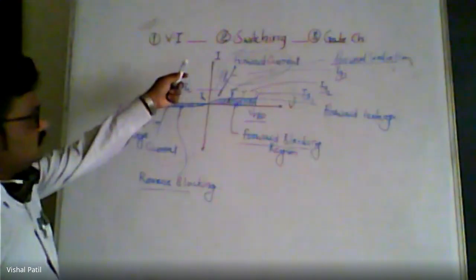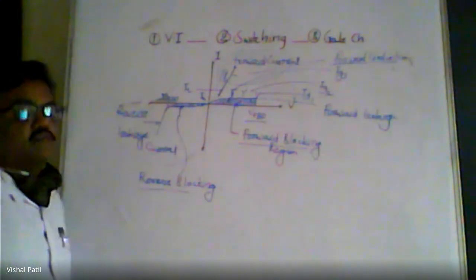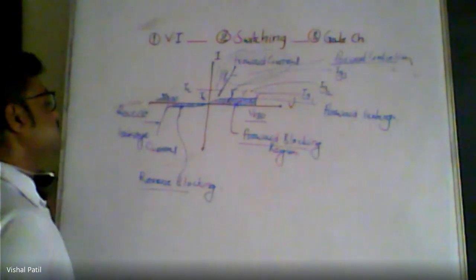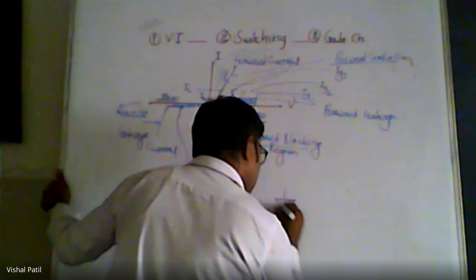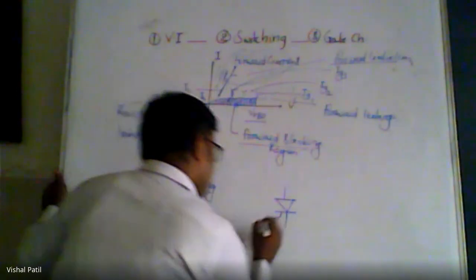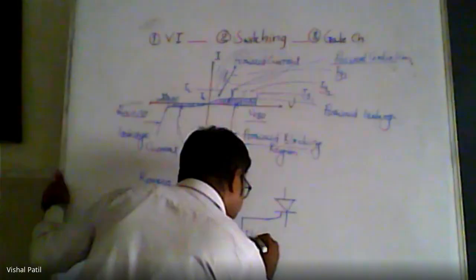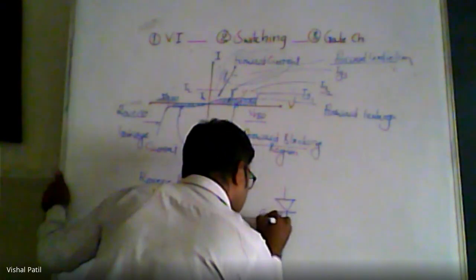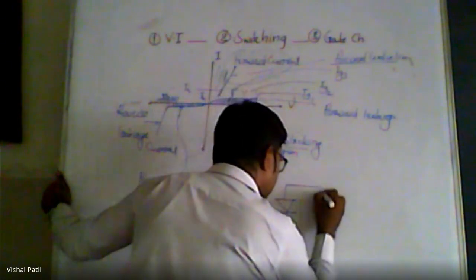So for these VI characteristics, what is very important is how to connect the device. Normally the thyristor is connected like this. This is gate, this is cathode, and this is anode.